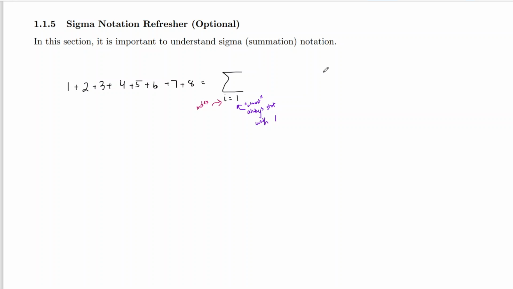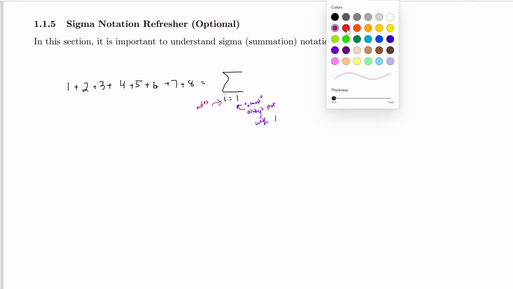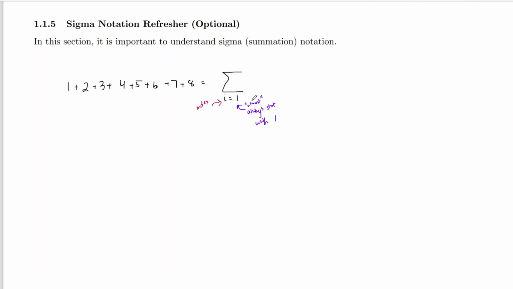Now you can use any letter. The common letters are i and j, sometimes k for the index. But what we do is we have a starting value. Then if you start with 1, the top value is the number of terms added together.